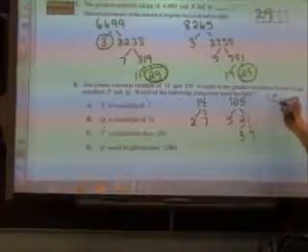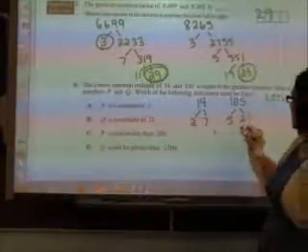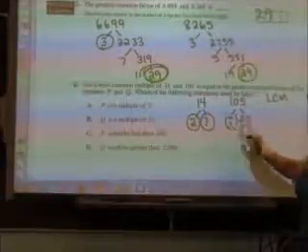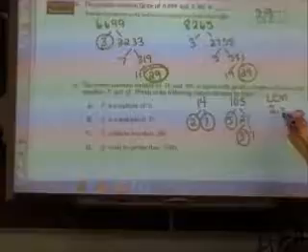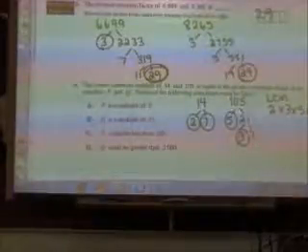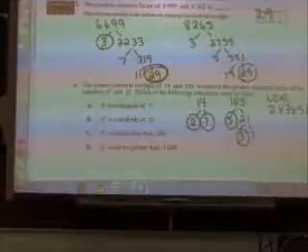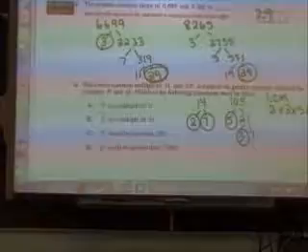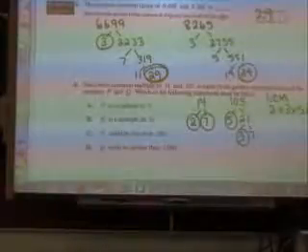So my lowest common multiple is 2, 7, 5, and 3. So 2 times 3 times 5 times 7, which gives me 2 times 7 times 3 times 5 is 210.